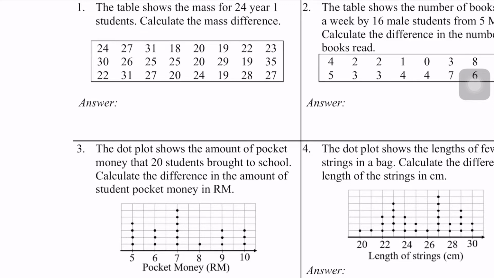The highest from this set of data is, let's scan the data, 35. This is the highest. The smallest is 18. So the difference is 35 minus 18, and we get 17.